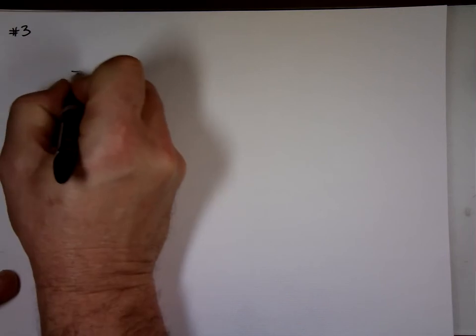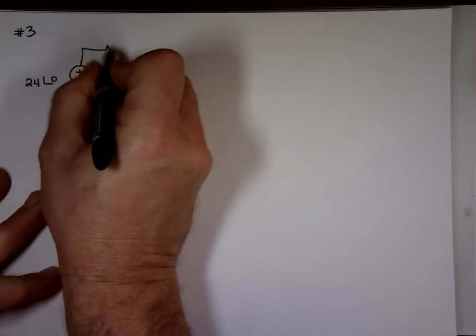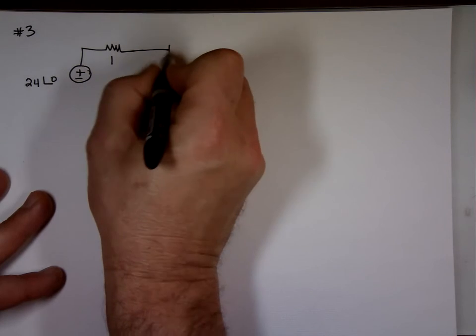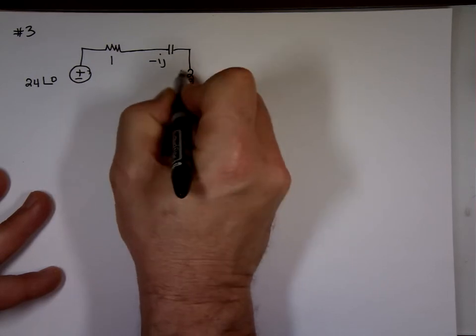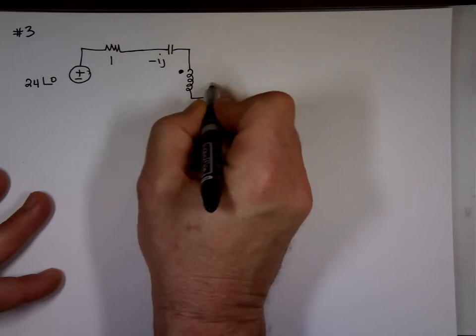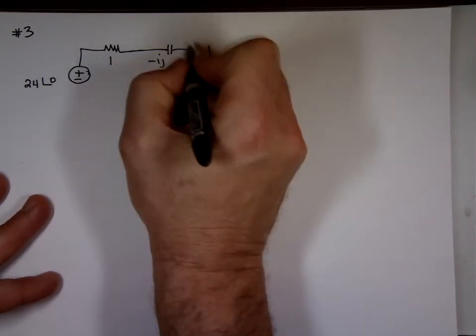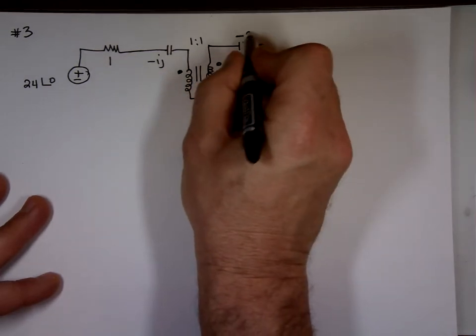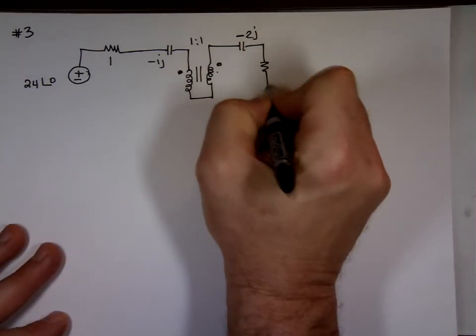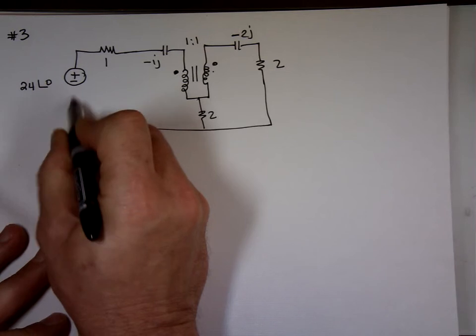Number 3: angle 0, 1, negative 1j, ideal transformer, this is a dot here, 1 to 1, negative 2j, 2 ohms, 2 ohms, and the question, what is V out?